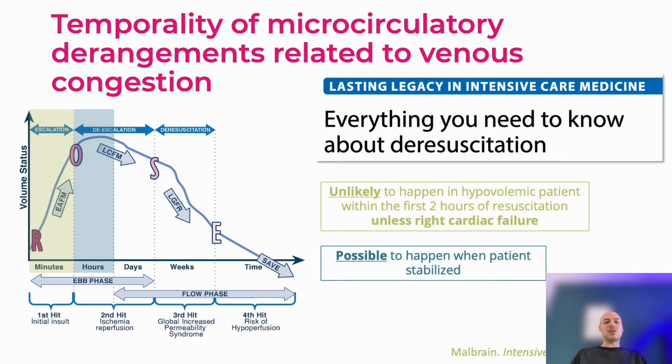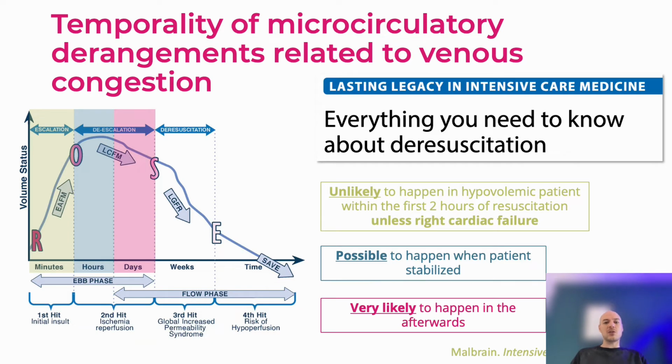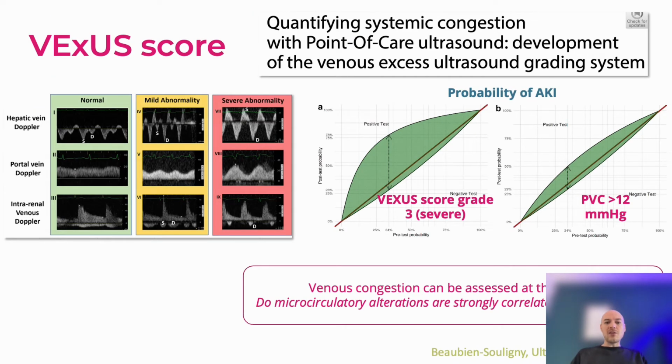And it is likely to happen afterwards, let's say after 24 hours. Fortunately, these questions will be answered with the Andromeda Shock 2 trial and the analysis of venous congestion with the VEXUS score. Venous congestion can be assessed at the bedside with the use of ultrasound and the VEXUS score. However, it remains to be proven that the VEXUS score correlates with microcirculatory alterations.